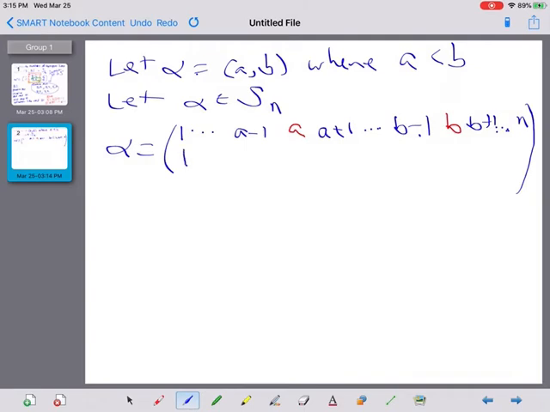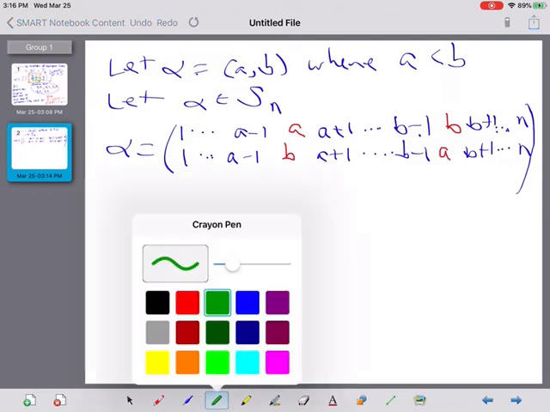Of course, all of the blue numbers get sent to themselves by this permutation because it only sends A to B and B to A. So we have this second row, and the two missing numbers are that A gets sent to B and B gets sent to A. What I want to notice is that we can still look at the inversions in basically the same way as before.